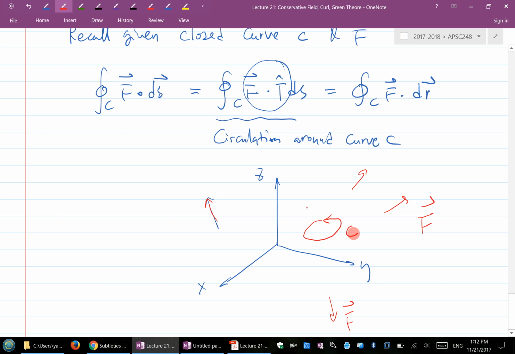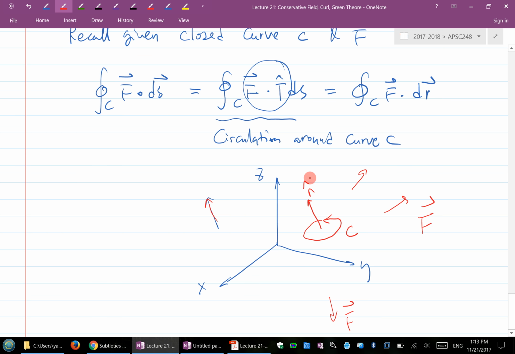This curve C is small, and there is an orientation associated with it. So the right hand rule is supposed to give me a perpendicular vector over here. Let's call it n hat.